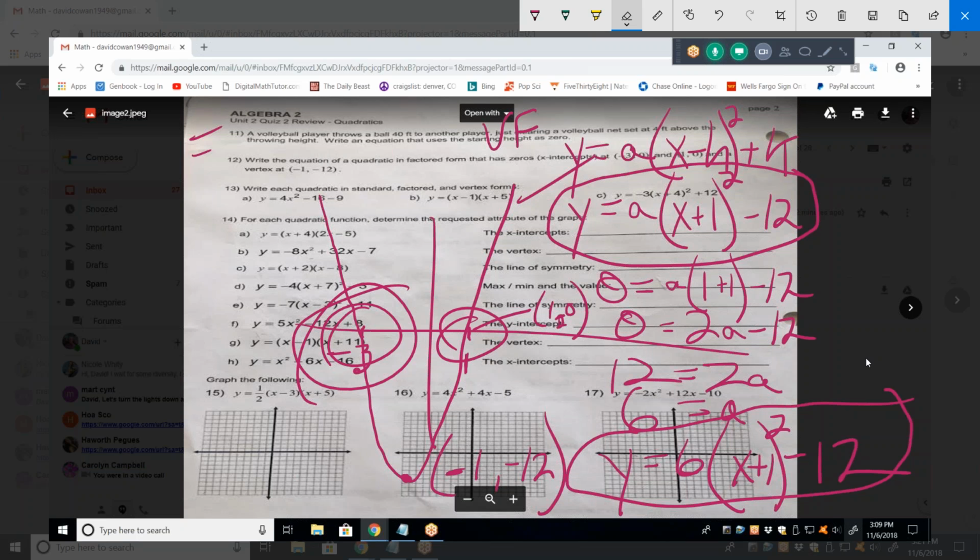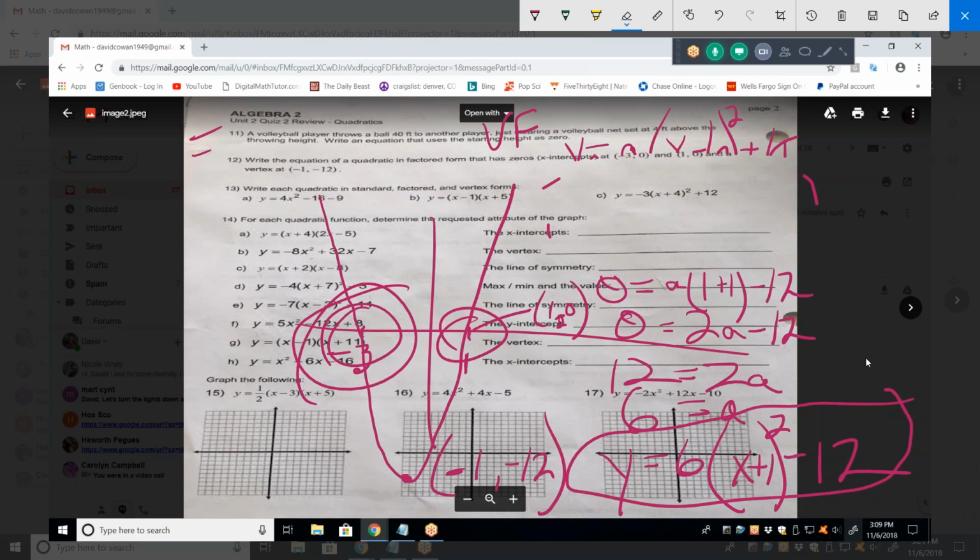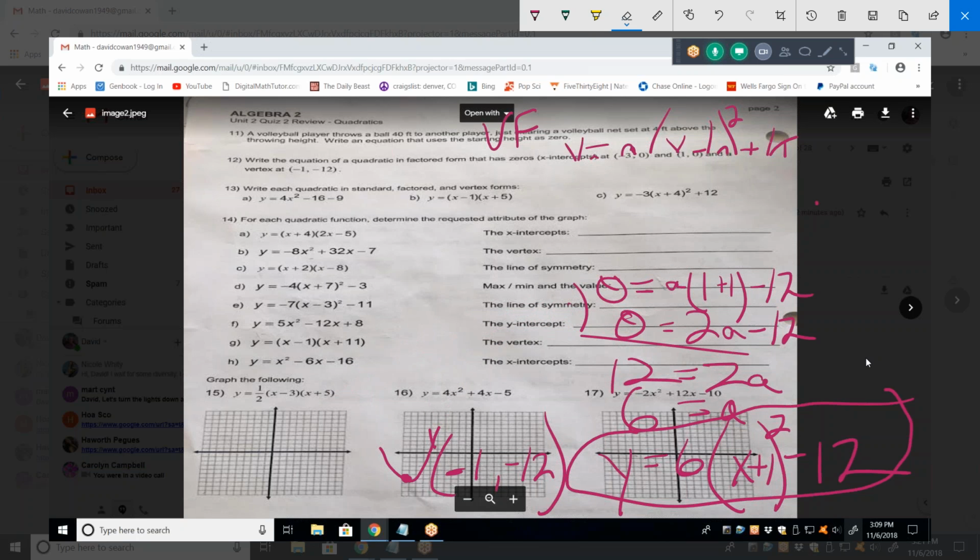Now, let's not leave this problem quite yet, because there is another way to do it. And I have become a firm believer that if you want to understand math, you want to understand all of the ways to do a problem.